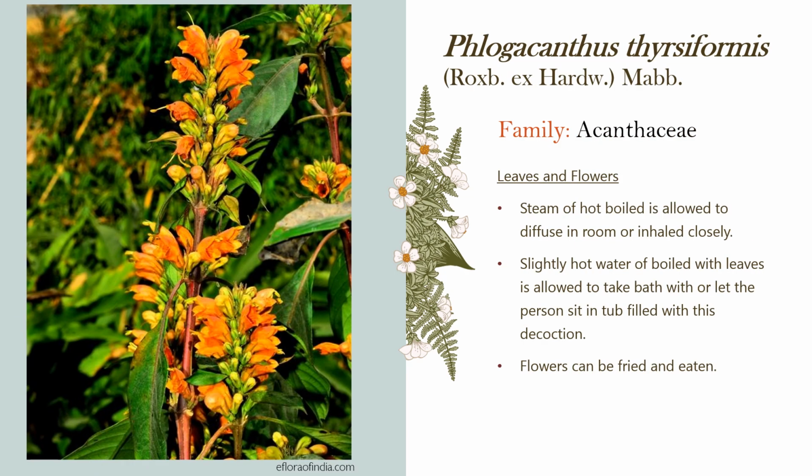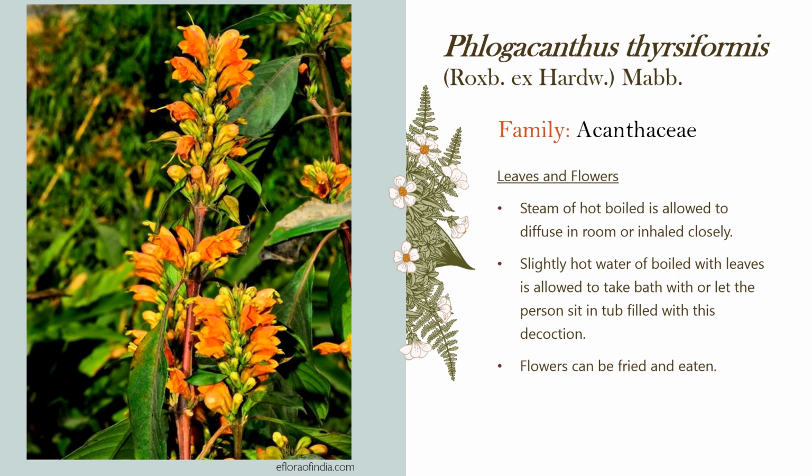So again, this is Phlogacanthus thyrsiformis. This is a very important plant when it comes to cold, cough and fever. This comes under the family Acanthaceae. The flowers and the leaves are mainly used here.